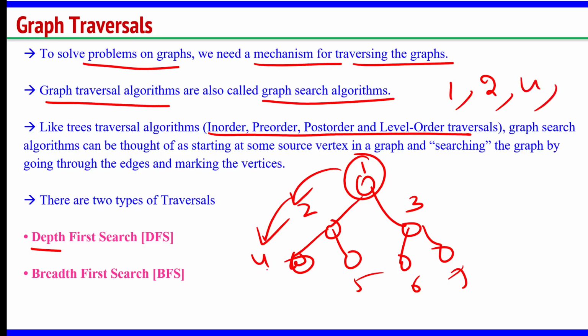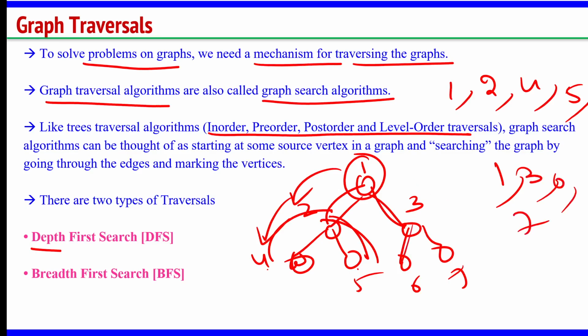Again from 4, since this is the last one, come back to 2, from 2 go to the right, that is 5. Since this is the last one, come back, from there go back to 1 again, then go to 3, from there go to 6 and then 7. Like this you can traverse. This is depth wise, we are going depth-most and coming back.